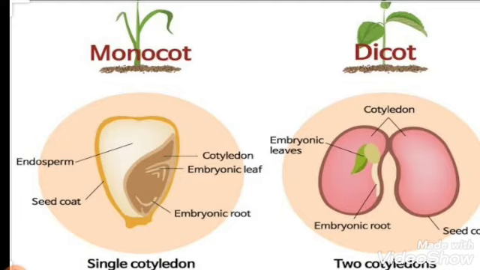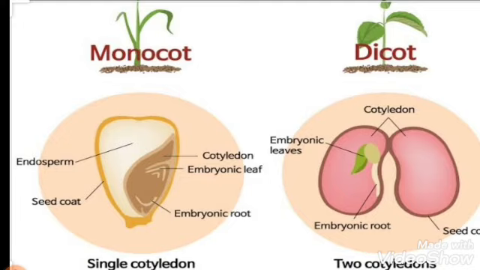A dicot seed has 2 cotyledons, that is 2 seed leaves, as shown in peas. Have you ever tried growing seeds at home? No? Then better try.